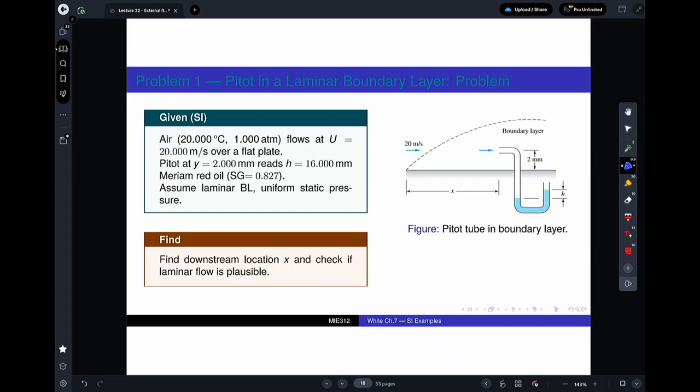So what you've done, and again, this is this boundary layer. You'll notice over here, where it hits initially, there's a 0 velocity and 0 height. And as it moves downstream, we're going to assume that it goes as a parabola.